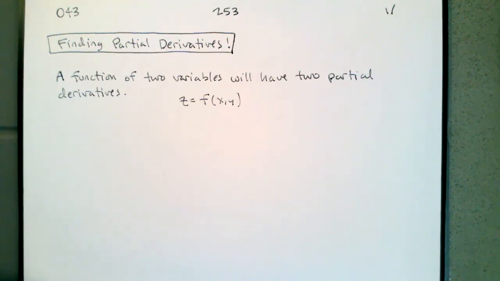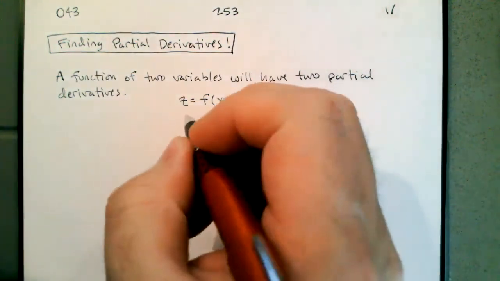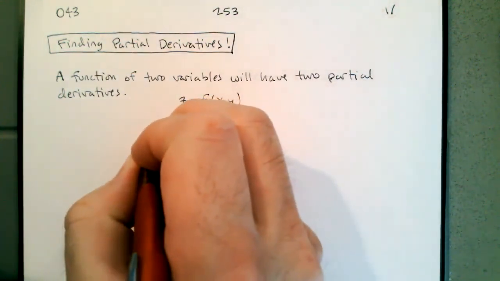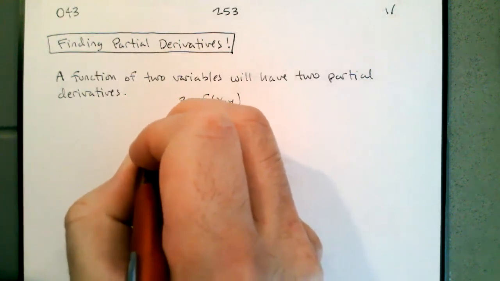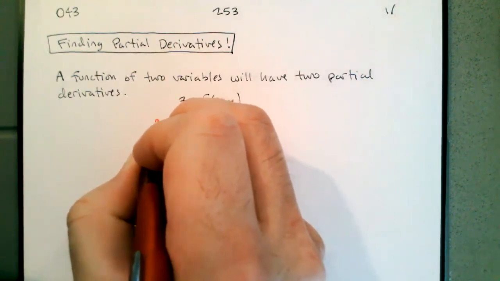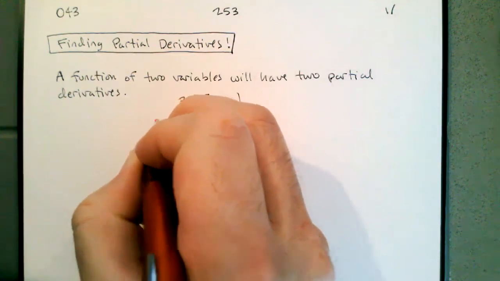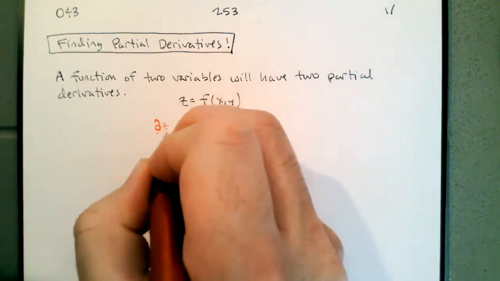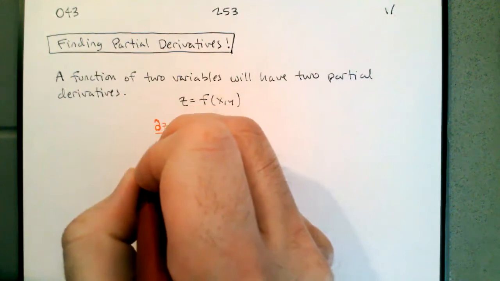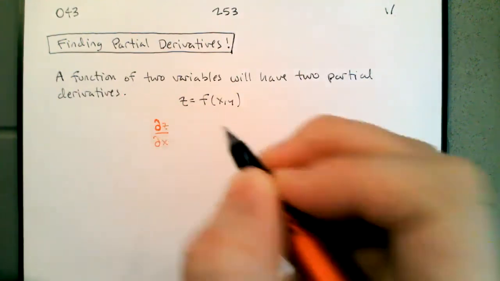And just like with derivatives of a single variable, we're going to have two different styles of notation, a Newton style notation and a Leibniz style notation. So we have the partial derivative of z with respect to x. We can write this as dz dx.